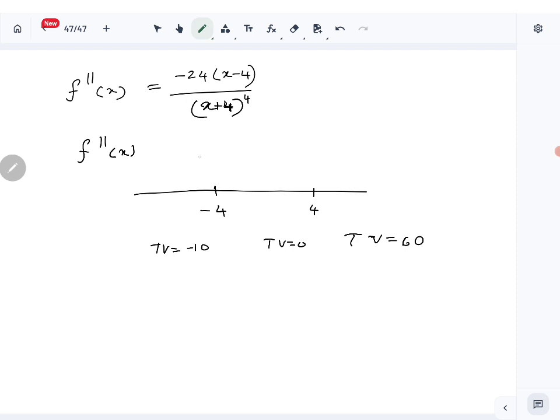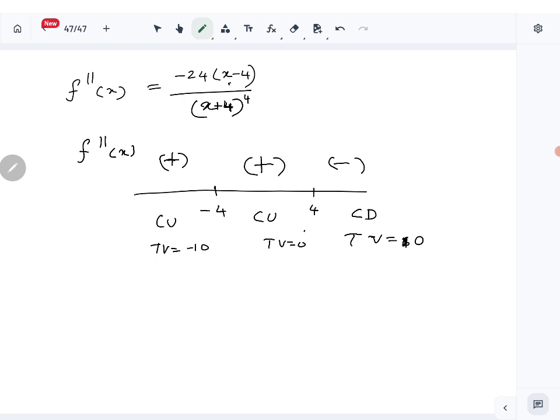At -10, it is minus times minus over positive, which is positive. From -4 to 4, at 0, again minus times minus over positive. At 10, it is minus over positive, which is negative. So concave up, concave up, concave down.